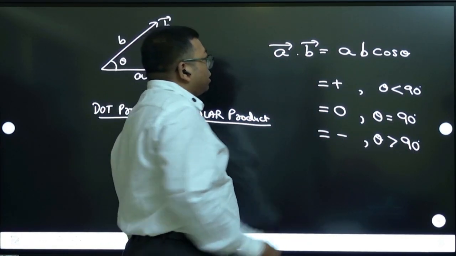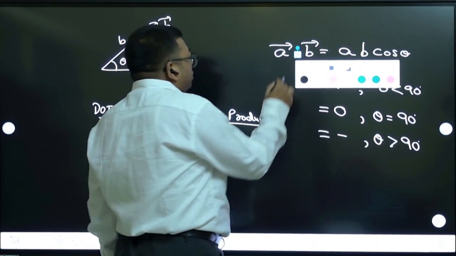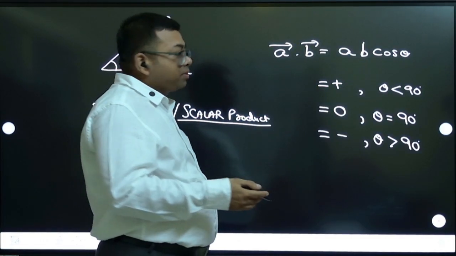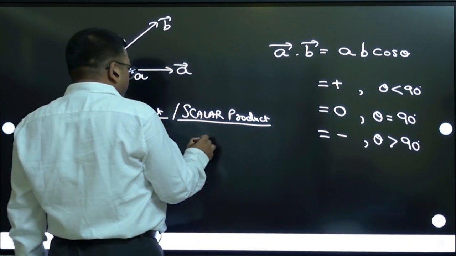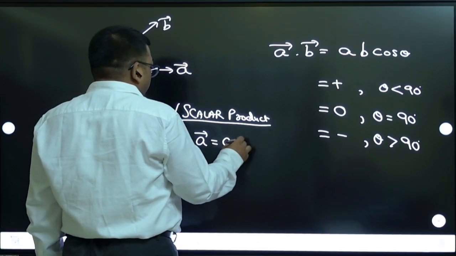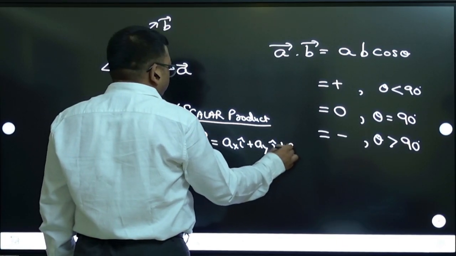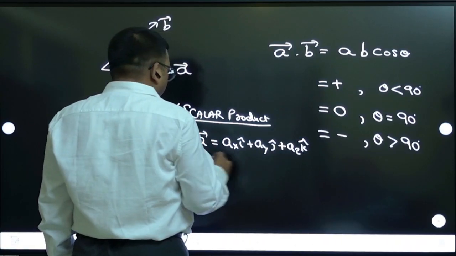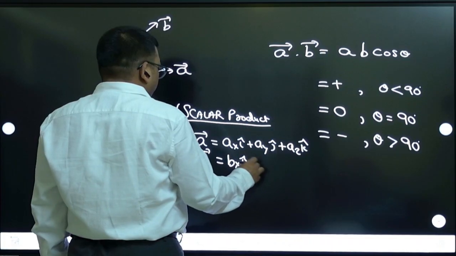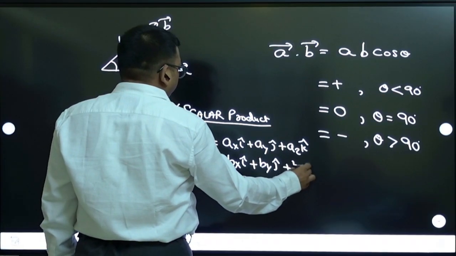Okay. And how to calculate dot product? When vectors are given in terms of i cap, j cap, k cap. For example, suppose A vector is given as ax i cap plus ay j cap plus az k cap, and B vector is given as bx i cap plus by j cap plus bz k cap.